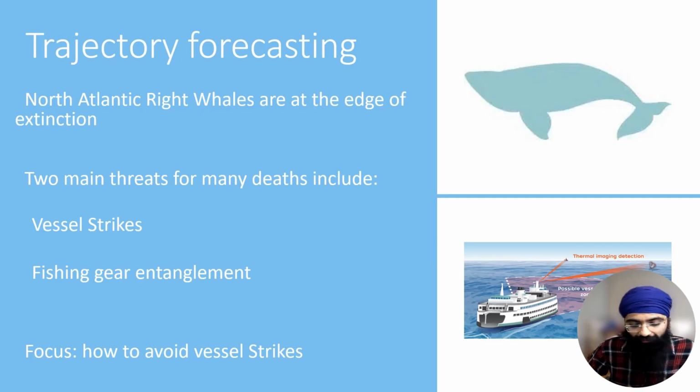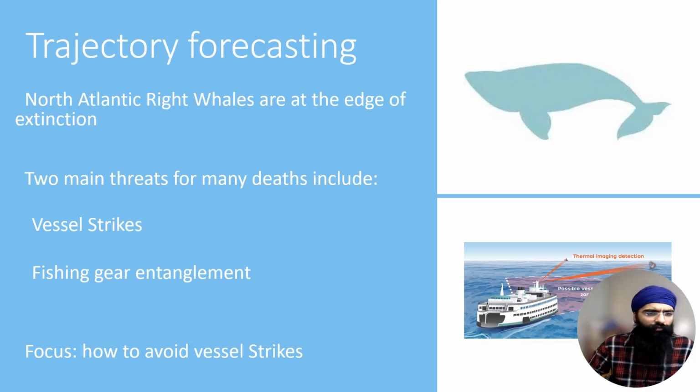Whenever fishing happens, the fishing ships anchor the fishing gear, which is called the fishing net. Sometimes the whales are entangled and are badly injured by the sharp net, which causes the death of the whale. So these two types of threats were found when there was a study going on.